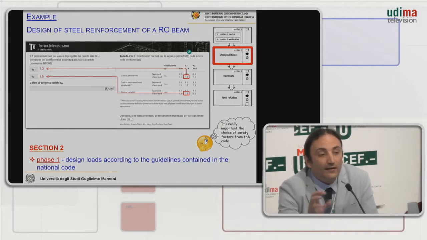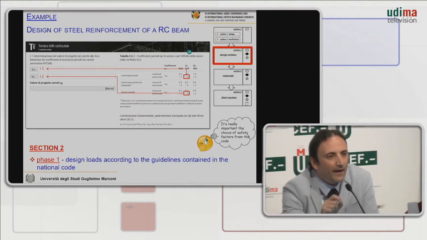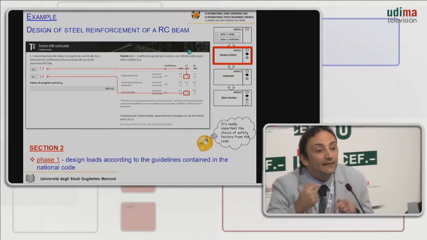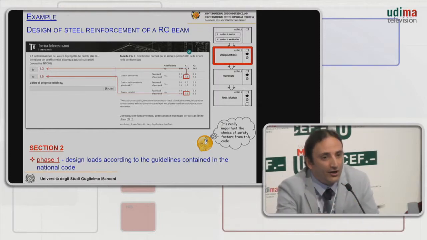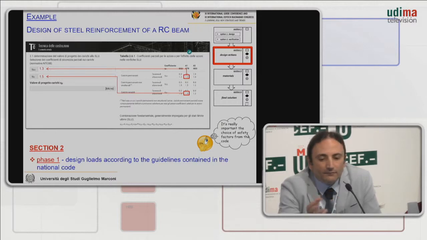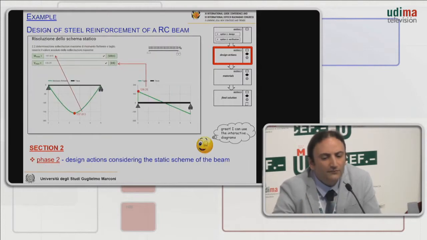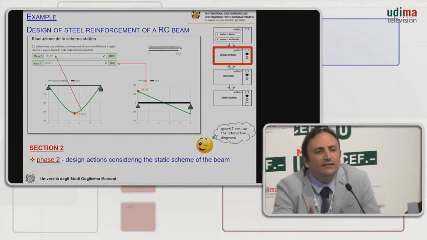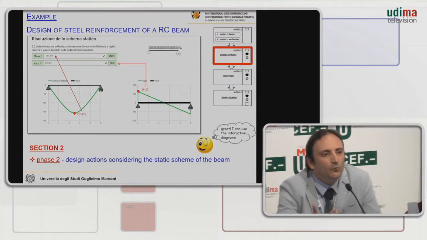So students select the two safety factors, introduce them in specific cells of the window, and the system performs a first check. If the safety factors are correctly identified, the system introduces the student to the second phase of section 2, that is the derivation of the maximum design actions.